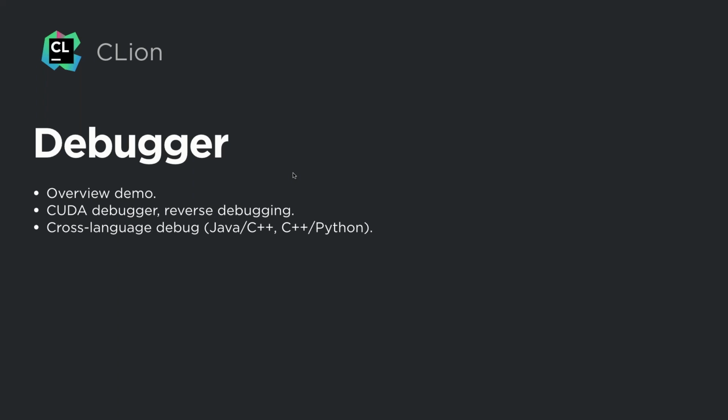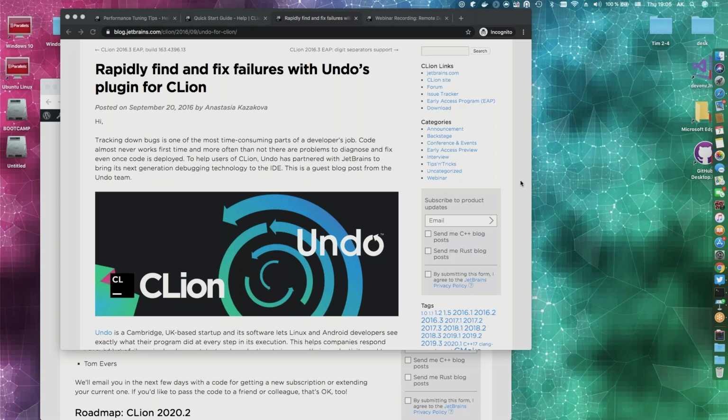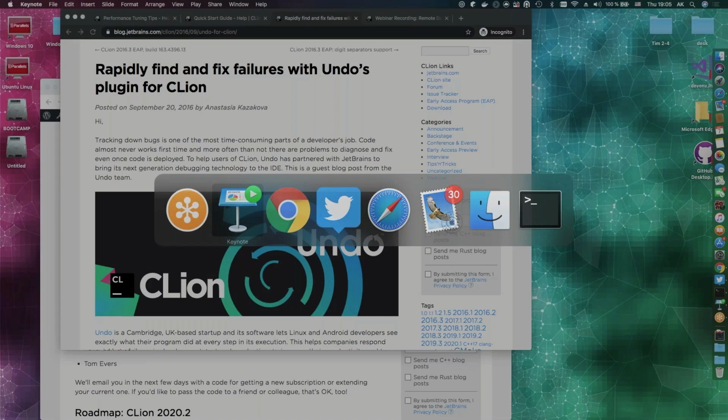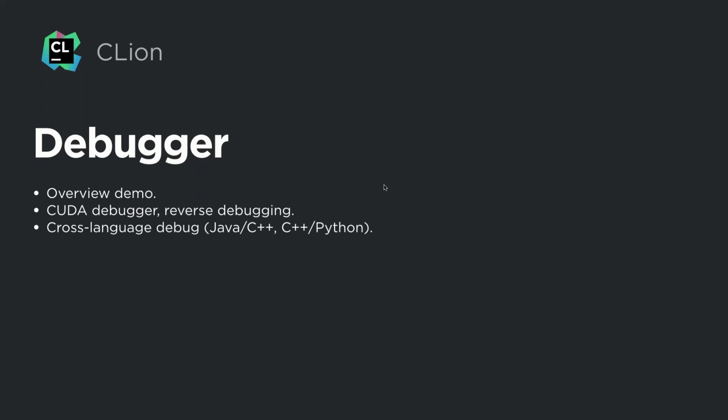They work a lot with native code, and it's just another example of dogfooding, where we want to create a feature that our own colleagues would use.